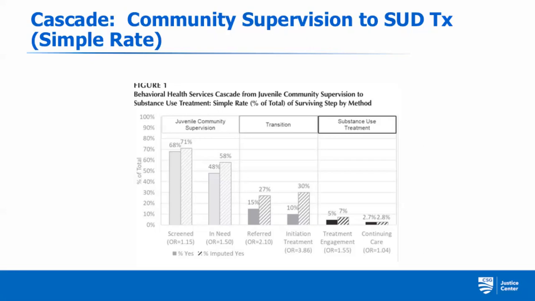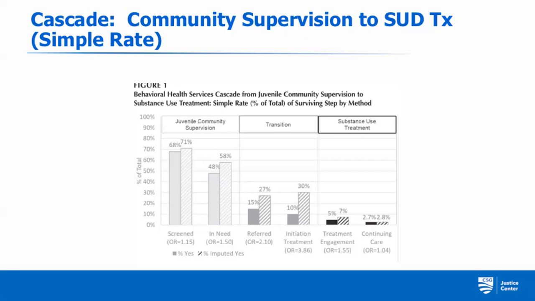So you can see here, 15% of the kids that were screened were referred. In a lot of situations, there was missing data, and so we had to use some statistical methods to impute, but again, I'm not going to talk about that. And then of those who were referred, 10% actually initiated care.